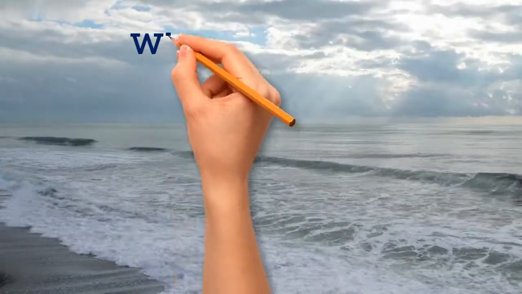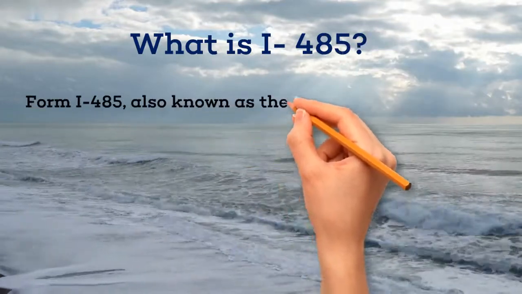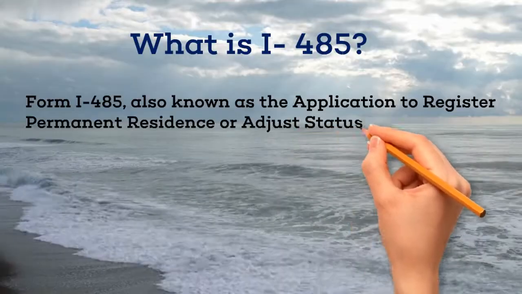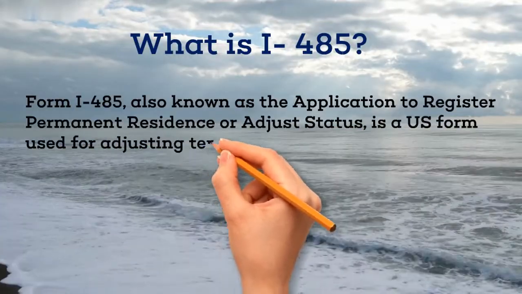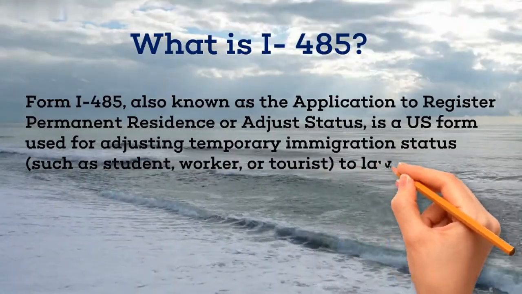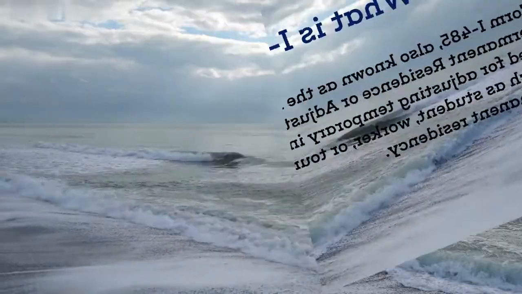What is I-485? Form I-485, also known as the Application to Register Permanent Residence or Adjust Status, is a US form used to convert temporary immigration status into lawful permanent residency.